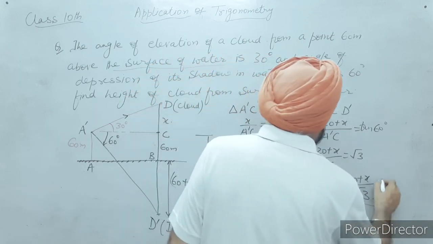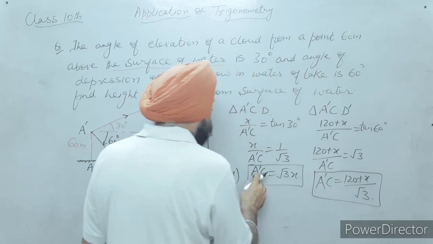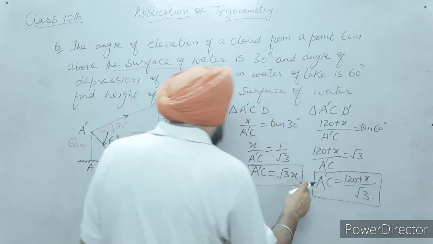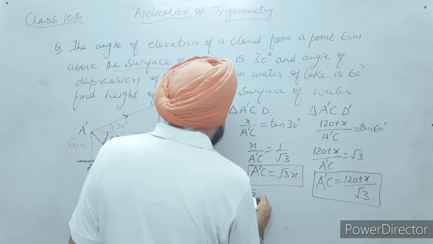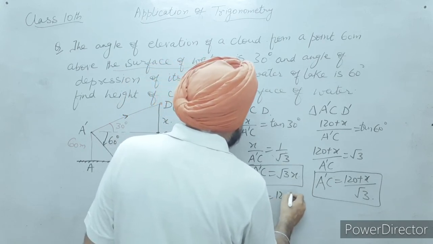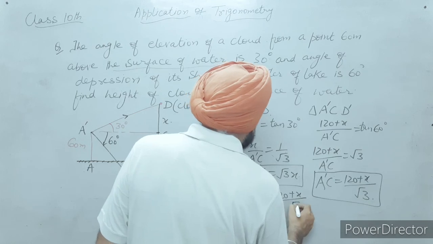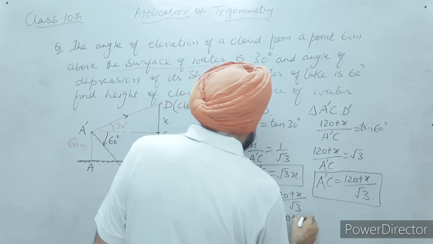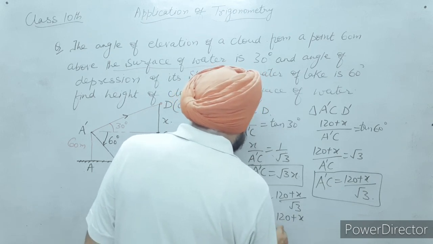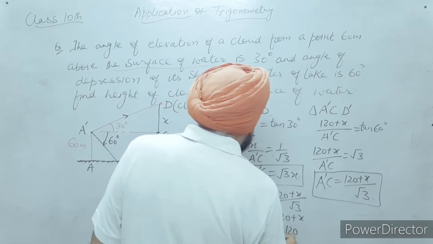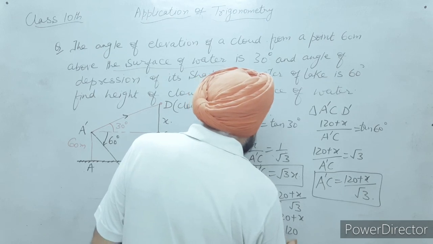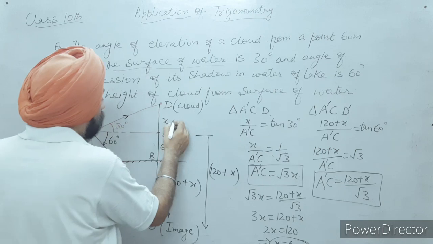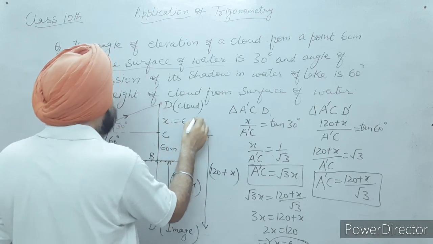This is the value of A dash C. So I can equate both, that is under root 3x is equal to 120 plus x upon under root 3. 3x is 120 plus x, that is 2x is 120, or x is 60 meters. So this I get as 60 meters.